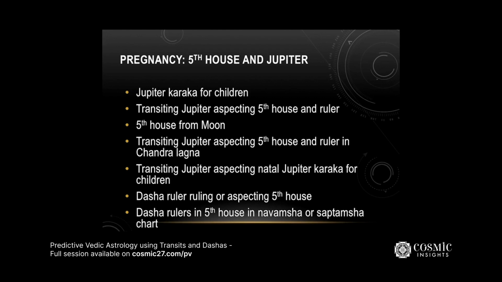Now you also got to turn it to Chandra Lagna. Is Jupiter in the 5th house from the moon, or aspecting the 5th house from the moon? Okay, and the planet that rules the 5th house from the moon. So first the Jupiter has to be aspecting the 5th, ruler of the 5th, and then take it from Chandra Lagna, repeating the whole process.